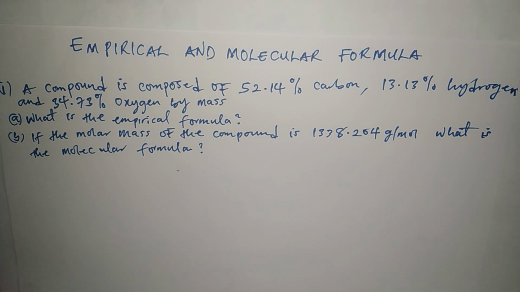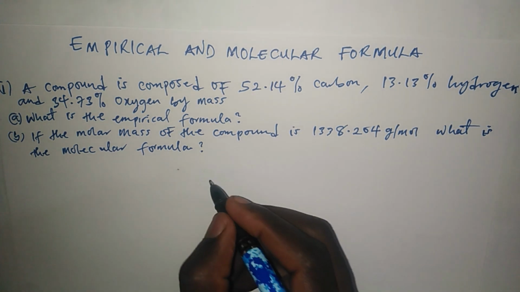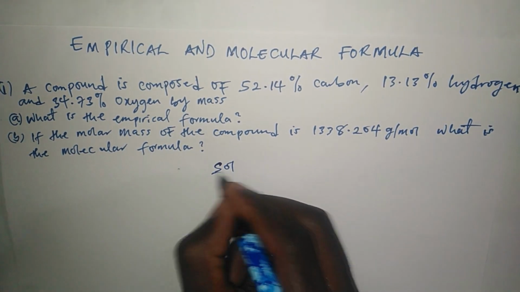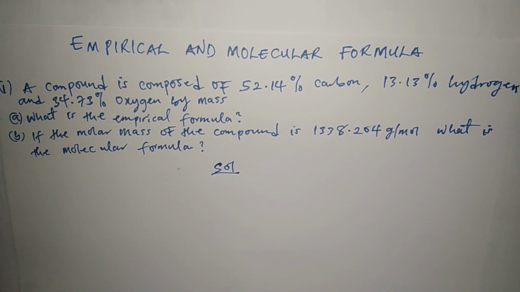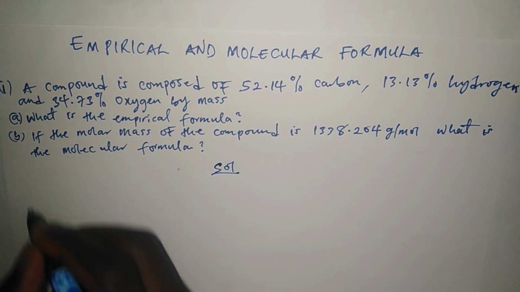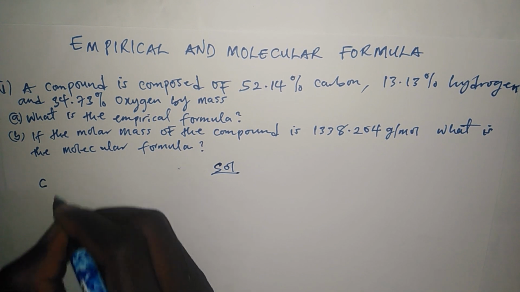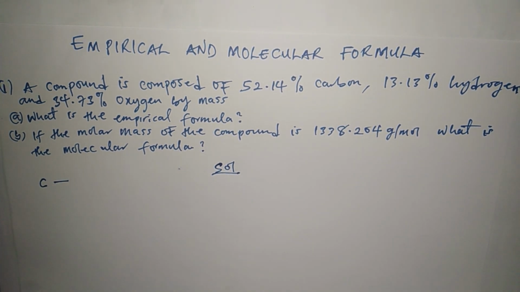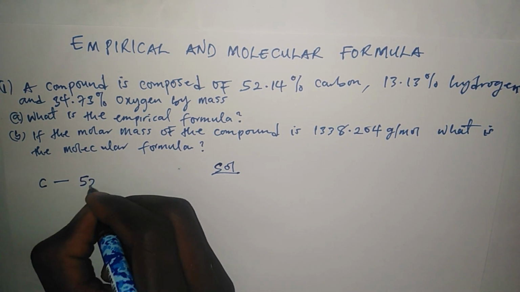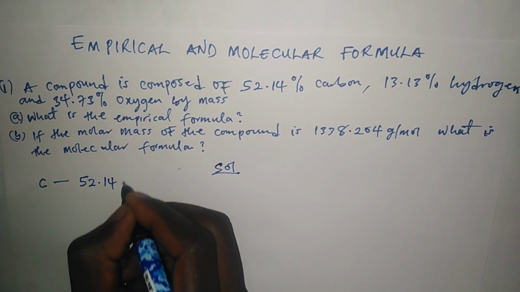First, the question says by mass. So what this means is that you convert the percentage straight into mass in grams. So you say carbon has 52.14%, so that will become 52.14 grams.